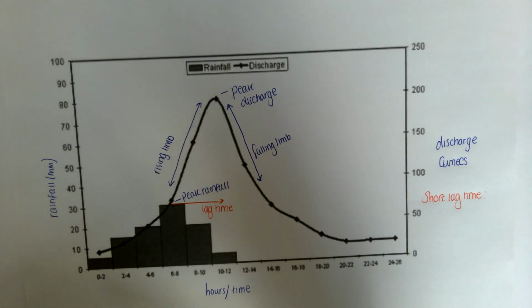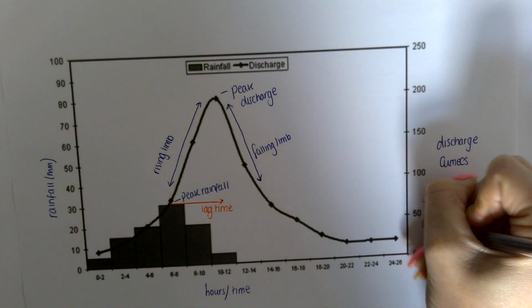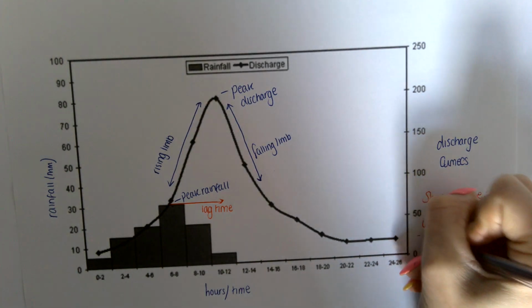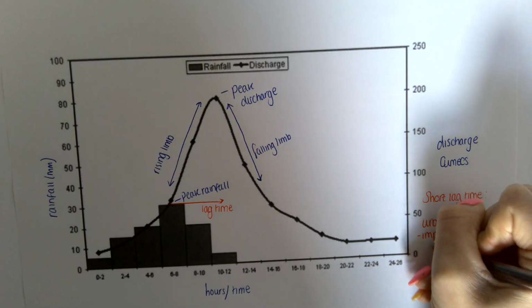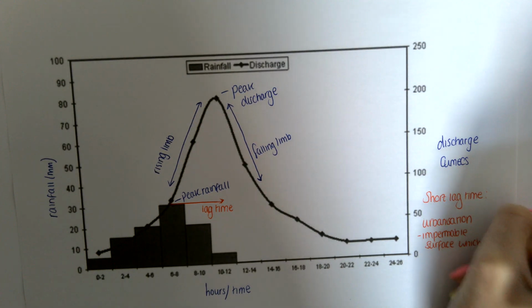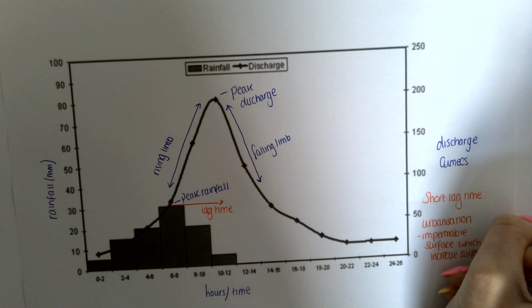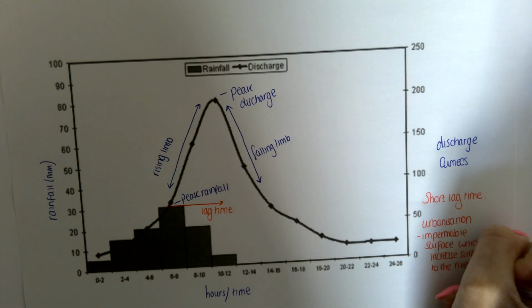Some of the reasons could be human or they could be physical. So let's go with urbanization as one of the first reasons. We use, remember, impermeable surfaces like concrete, which increase surface runoff to the river, as nothing is being infiltrated.